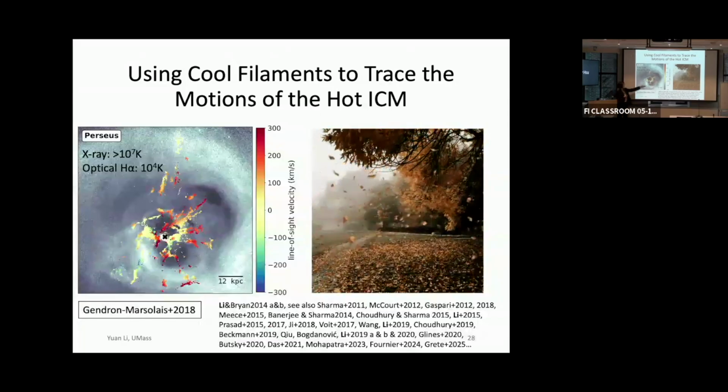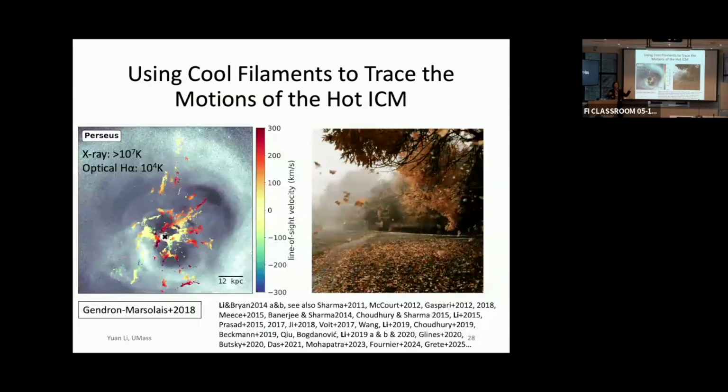So this is, again, the central region of the Perseus cluster. And on top of this X-ray background, I'm plotting the H-alpha gas that you can observe using a ground-based optical telescope. That gas is probing about 10^4 Kelvin. So depending on who you ask, it's warm gas or it's cool gas.